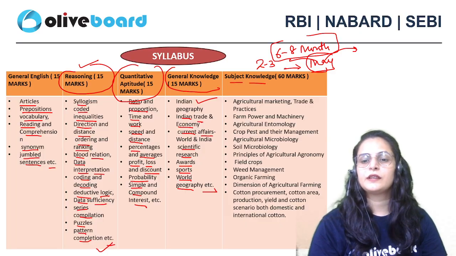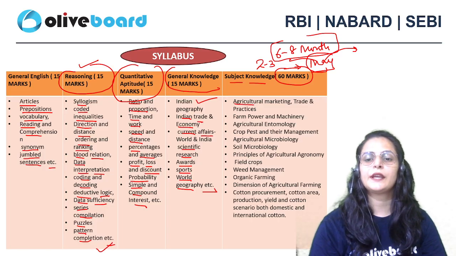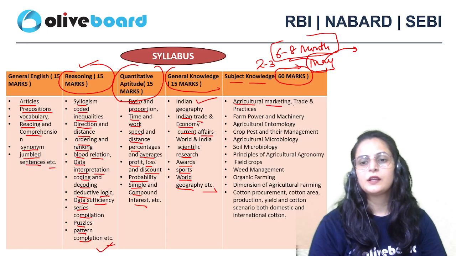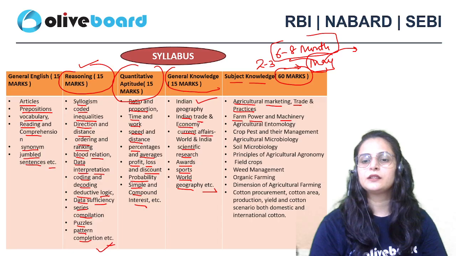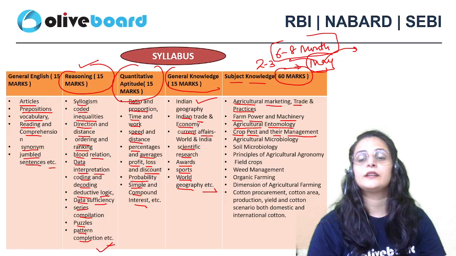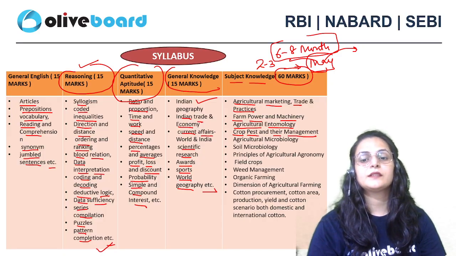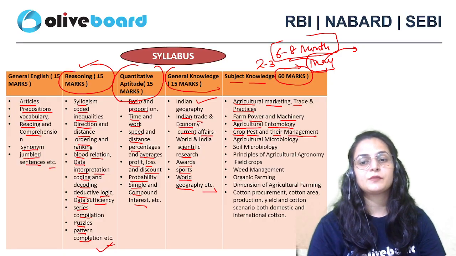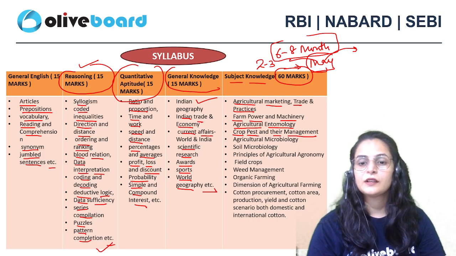For subject knowledge, there will be 60 marks, and under this you have to cover agriculture marketing, trade and practices, farm power and machinery, agricultural entomology, and crop pests and their management. See, one is agricultural entomology, another is crop pests and their management, so these two topics are different.